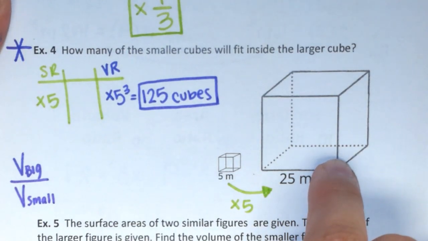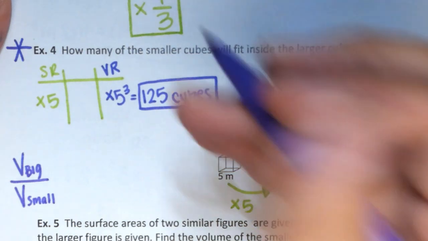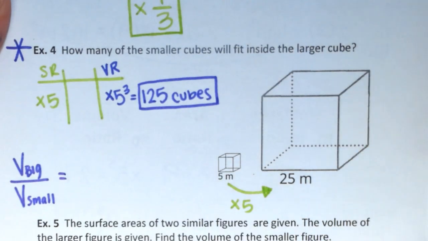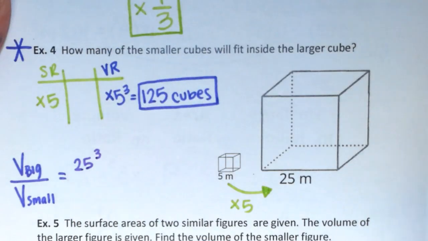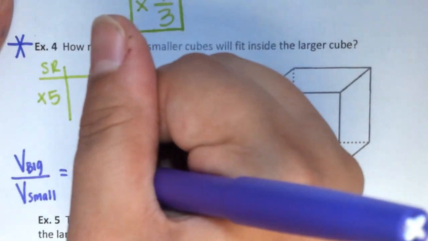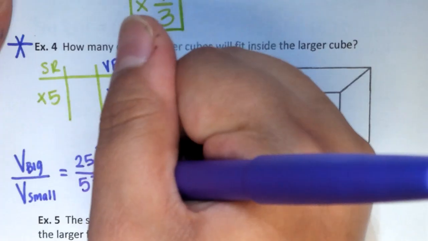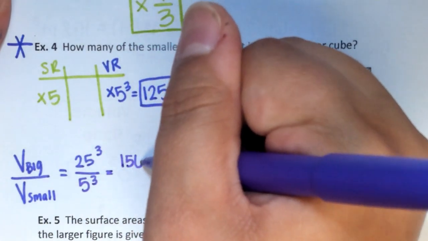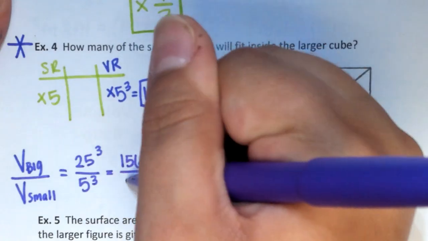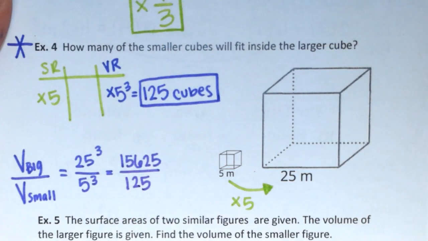How do you find the volume of a cube? S cubed. So 25 cubed divided by 5 cubed is 15,625 over 125. And put that in the calculator, and what do you get?